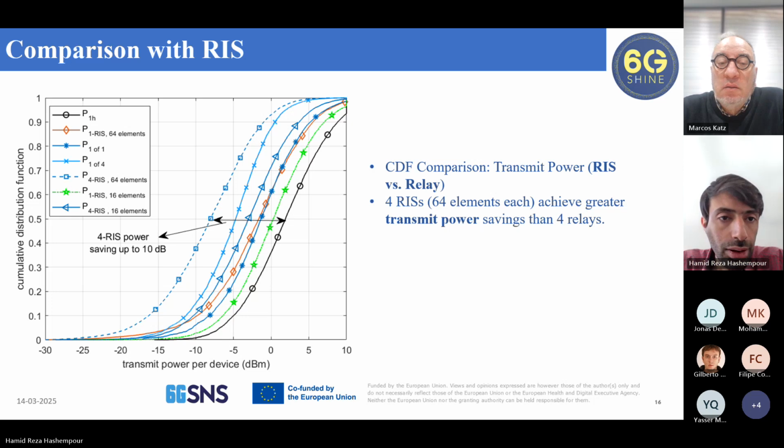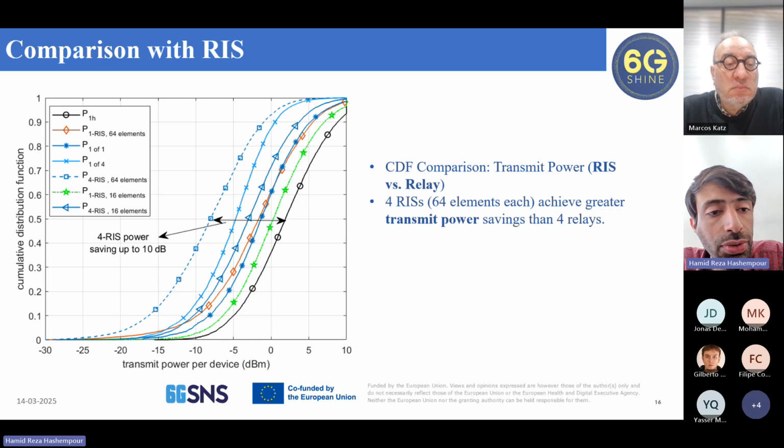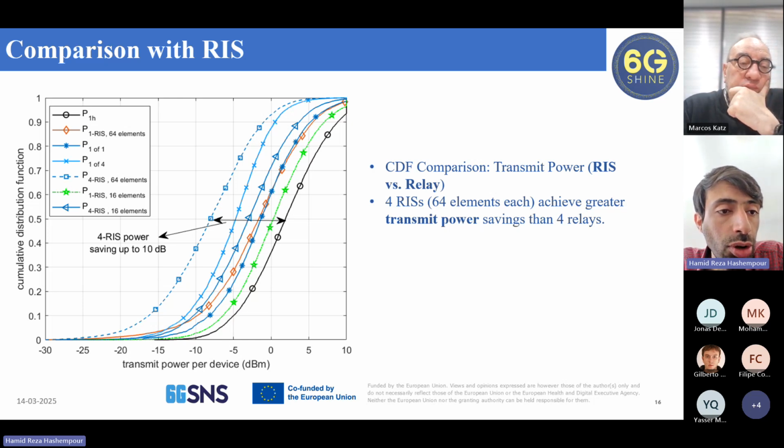Another slide is related to the comparison with RIS. In this curve, you can see that we compare multiple scenarios from 1 hop to 1 of 4 relaying and different numbers of RISes with different numbers of elements.